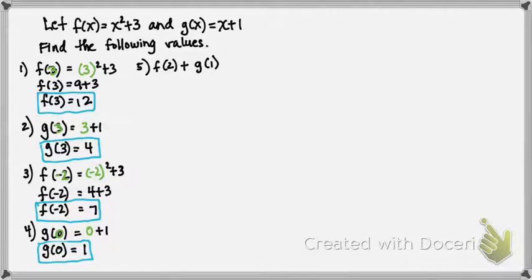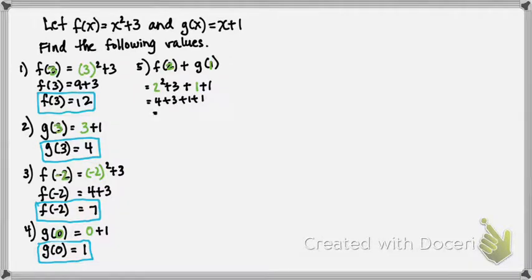Okay, so now I have to use both of those equations, but what I'm going to do is substitute 2 into the function f, so that's going to give me 2 squared plus 3, and then we're going to add to that what we get when we put the input of 1 in for x in function g. And we just follow order of operations. So I get 4 plus 3 plus 1 plus 1.